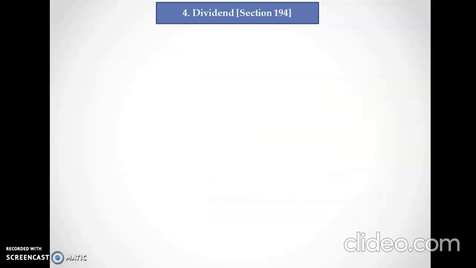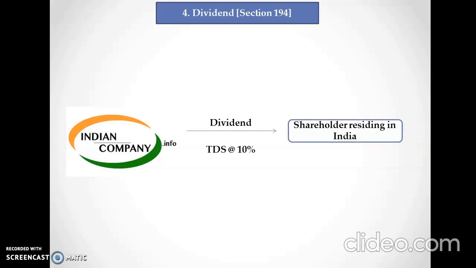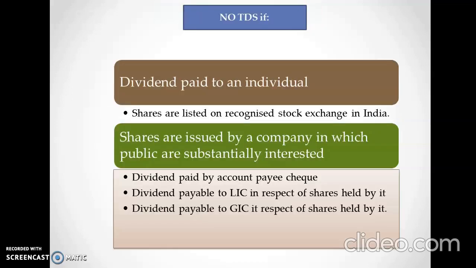Next type of income is dividend income, covered under section 194. If any company is giving dividend to shareholders residing in India, TDS at the rate of 10% is deducted. If no PAN is provided by the payee to the payer, a higher rate of TDS can be charged.